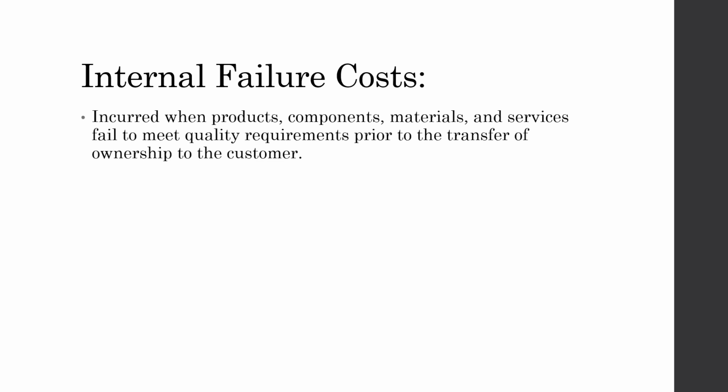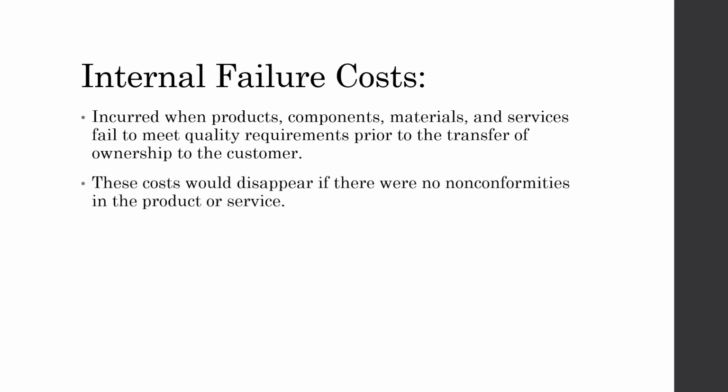Now we will look at the second cost of non-conformance, which are failure costs, which are further subdivided into two. The first of which is an internal failure cost. Now these occur when the products, components, materials and services fail to meet the quality requirements prior to the transfer of ownership to the customers.